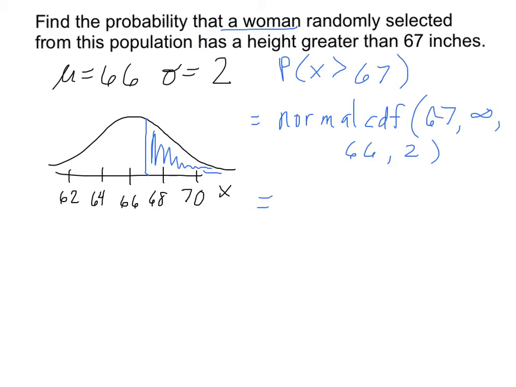Again, because we're just looking at one woman, we keep the same standard deviation of the original population. That gives us a probability of 30.85%. So a pretty good chance that you'll find a randomly selected woman with a height greater than 67 inches.